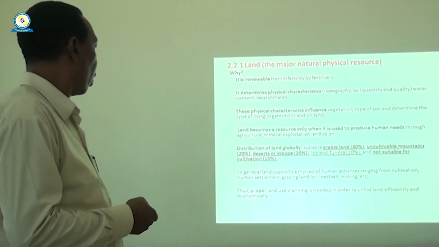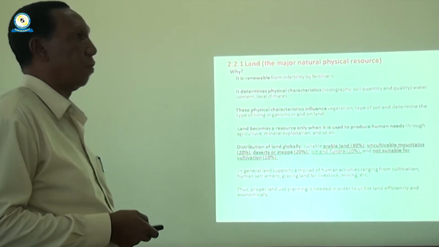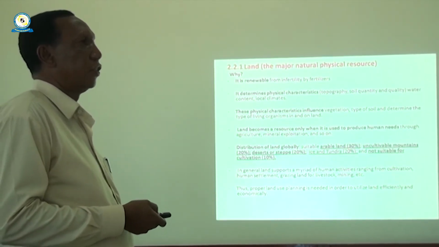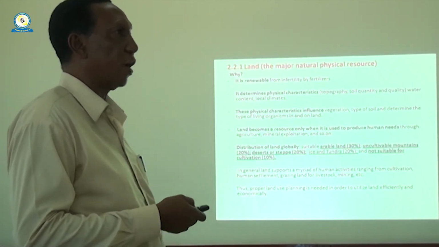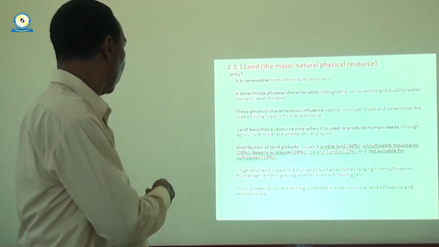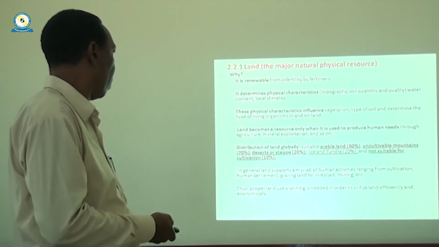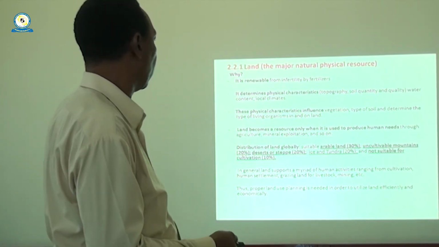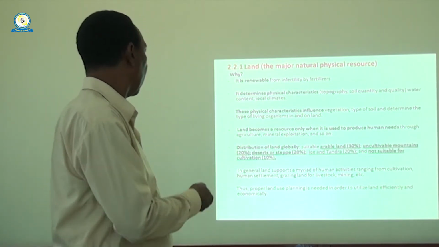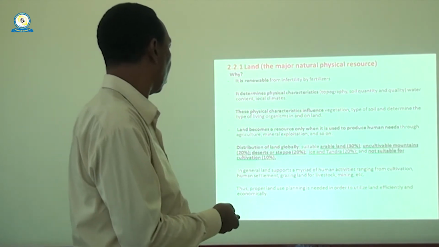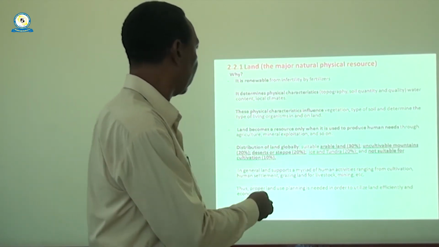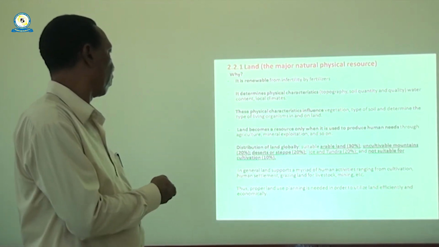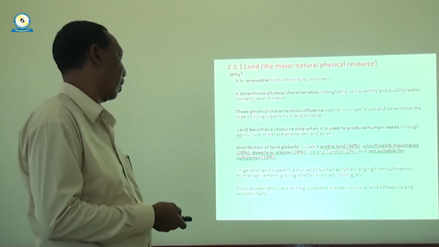Now, the distribution of land, as I said before, the quality of land is not uniform. It's variable. For example, in the global distribution of land, suitable arable land is only 30%, cultivated mountains 20%, deserts or steppe 20%, ice and tundra 20%, not for cultivation 10%.